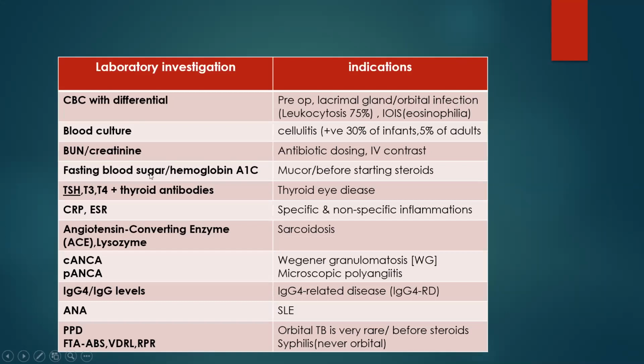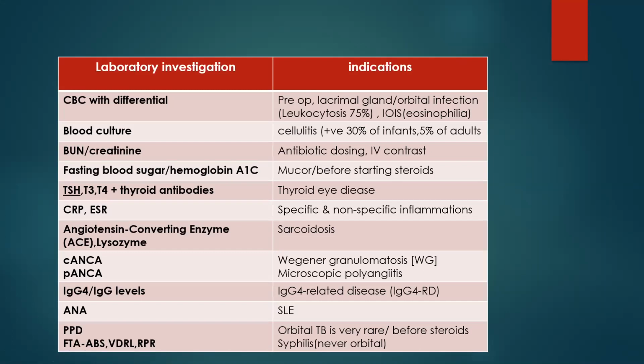Fasting blood sugar and hemoglobin A1C is important in cases of mucormycosis suspicion, and also before starting steroids. CRP and ESR will be high in cases of specific and non-specific inflammations.